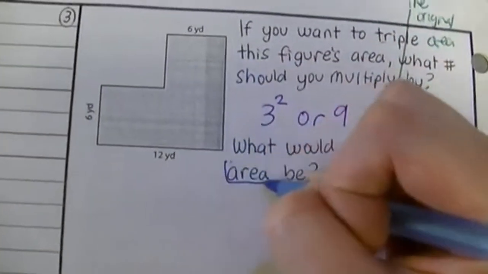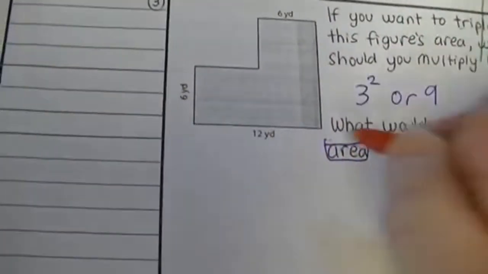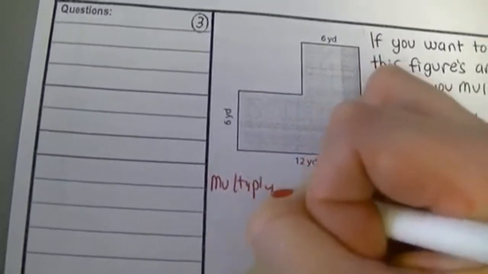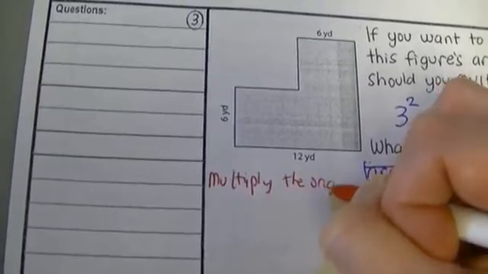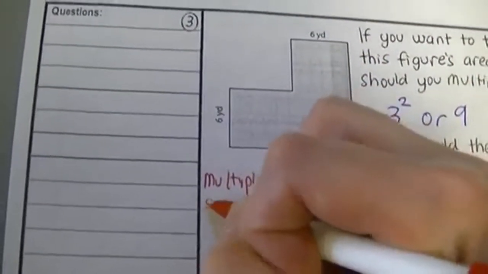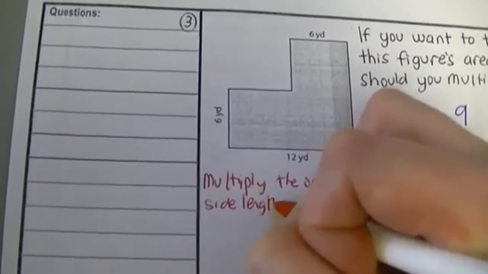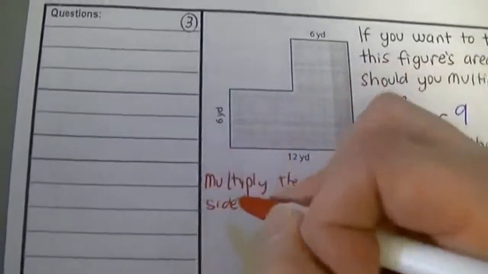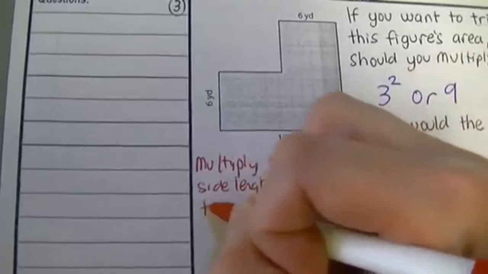Okay, there's 2 ways to do this problem. One way that you can do it is this way. Multiply the original side lengths by 3 first, then find the area using the adjusted lengths.